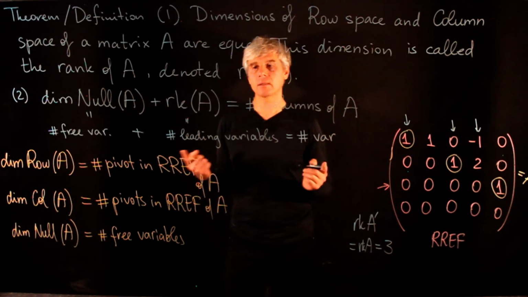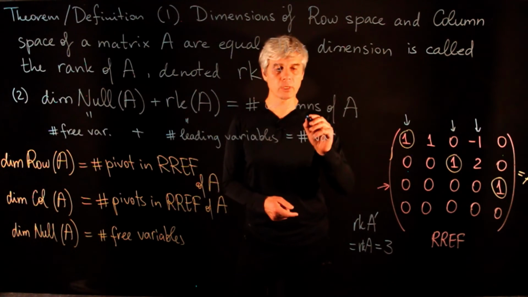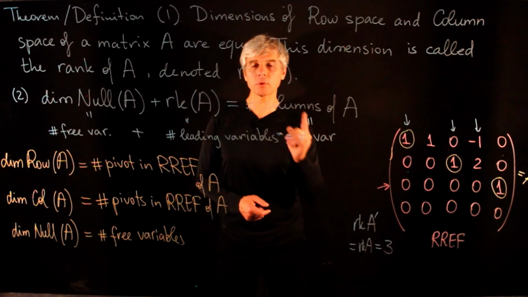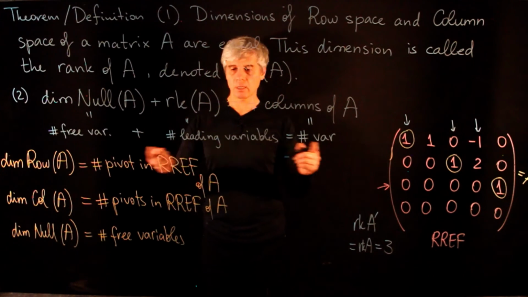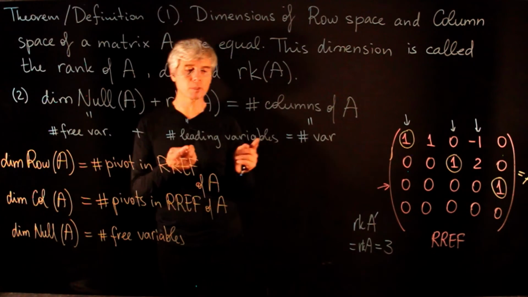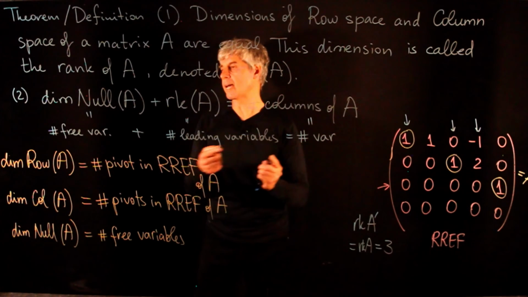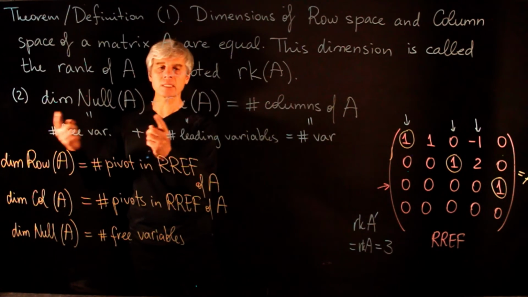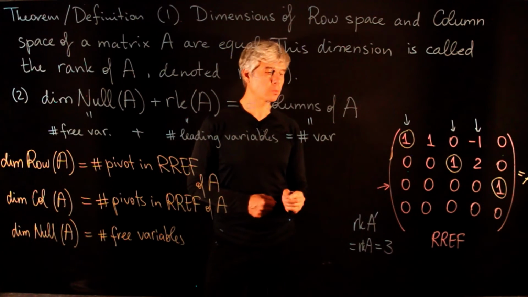But we know that for a system of linear equations, variables correspond to columns, so the number of variables is equal to the number of columns. So this trivial equality, that the number of variables is equal to the number of free variables plus the number of leading variables, is interpreted as: the dimension of the null space plus the rank of a matrix is equal to the number of columns of A.